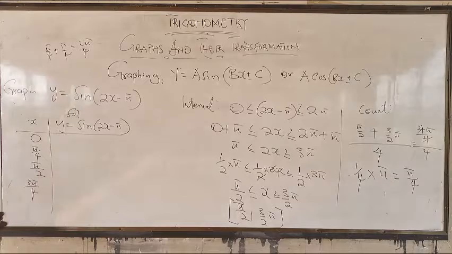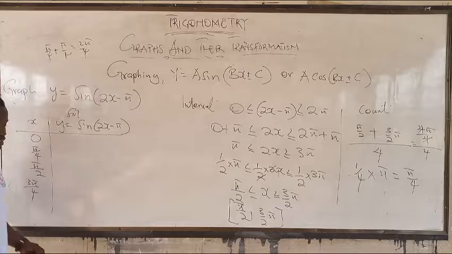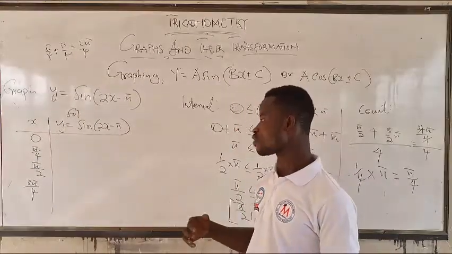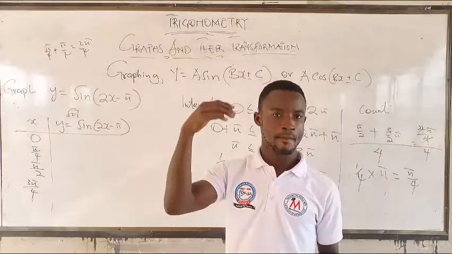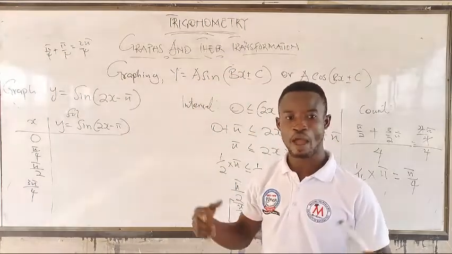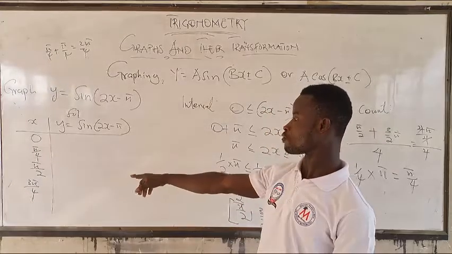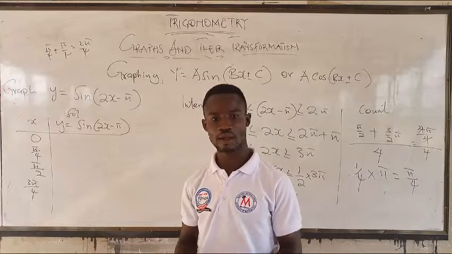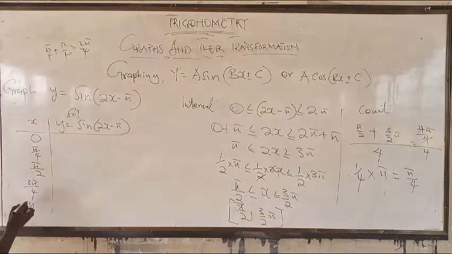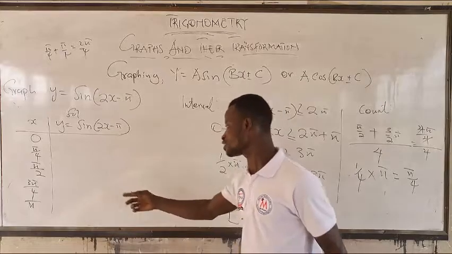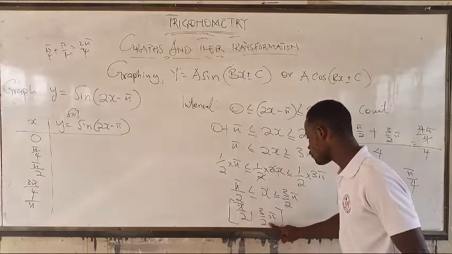And when you add 3 pi over 4 to pi over 4, you are going to get pi. We get pi. Nice. Then we add, you see, we are still not at 3 pi over 2.